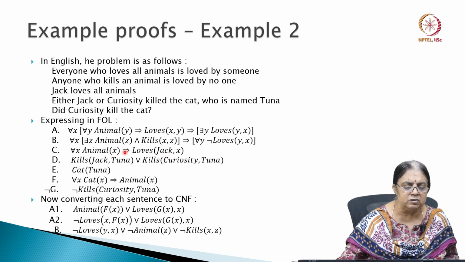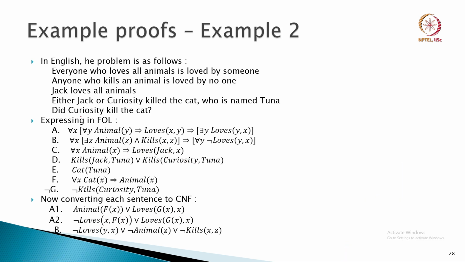So you can actually convert these. If we take the third sentence, you have something like for all X, animal X implies loves Jack X. We need to remove the implication.